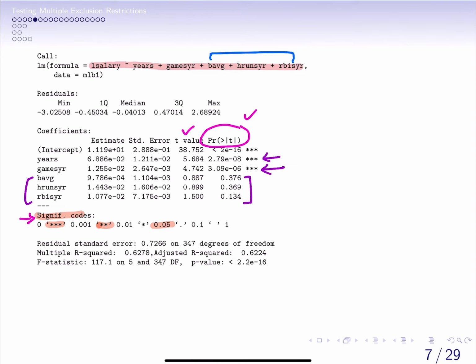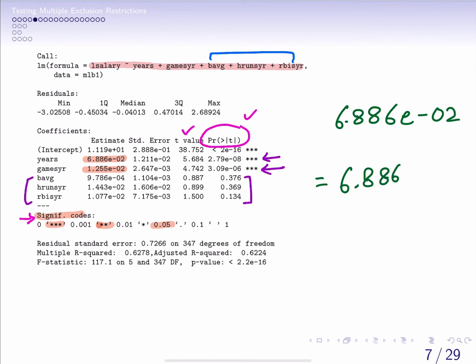Okay, so another thing to notice here is that R sometimes reports numbers that look odd. So here, if this says 6.886 E minus 02, this is to be interpreted as 6.886 times 10 to the negative 2.